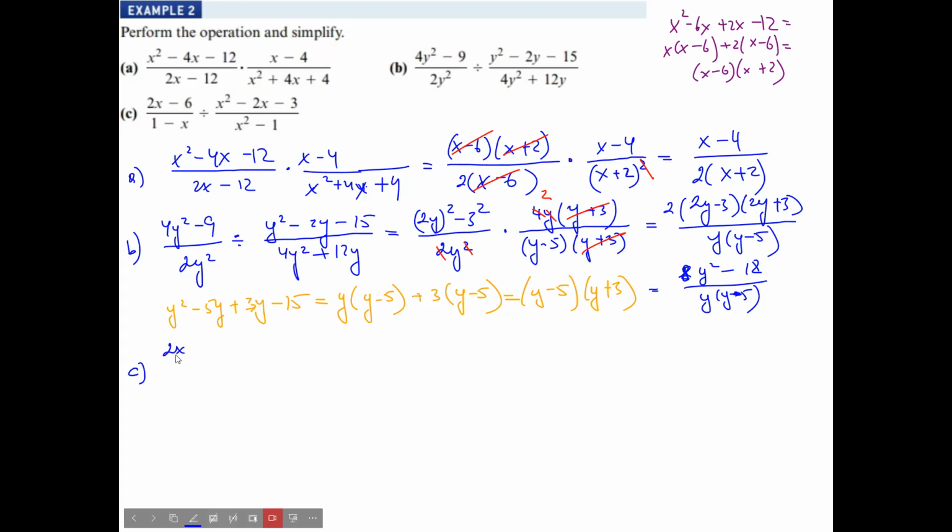2x minus 6 over 1 minus x, divided by x squared minus 2x minus 3 over x squared minus 1. Okay, so first fraction, I can take 2 outside, x minus 3.